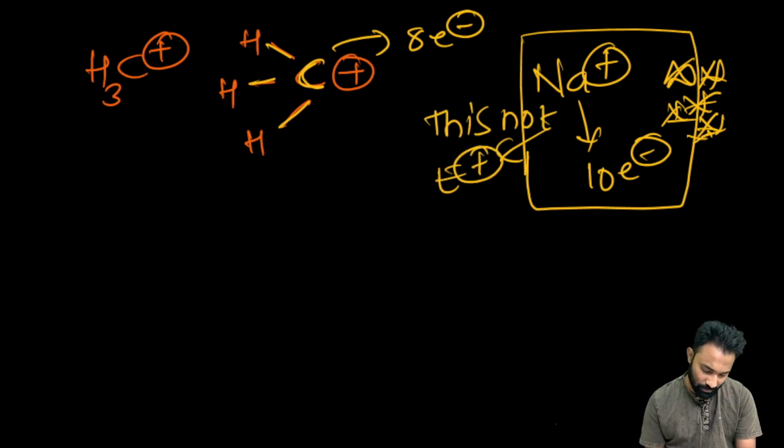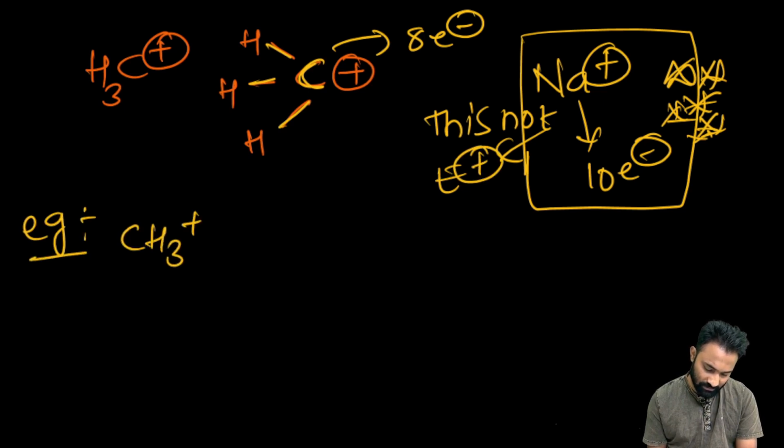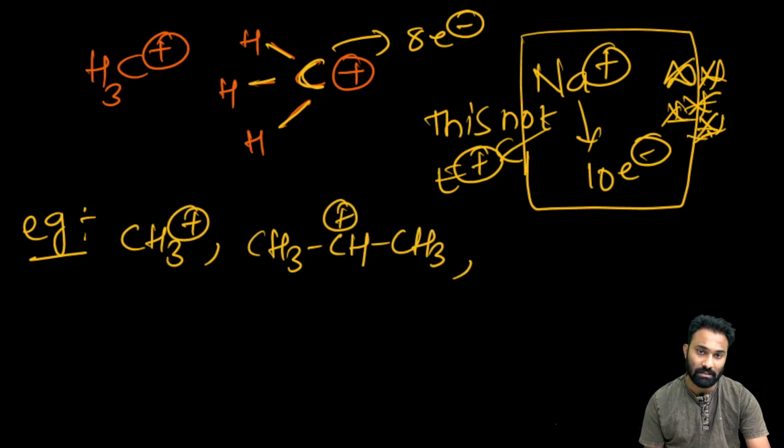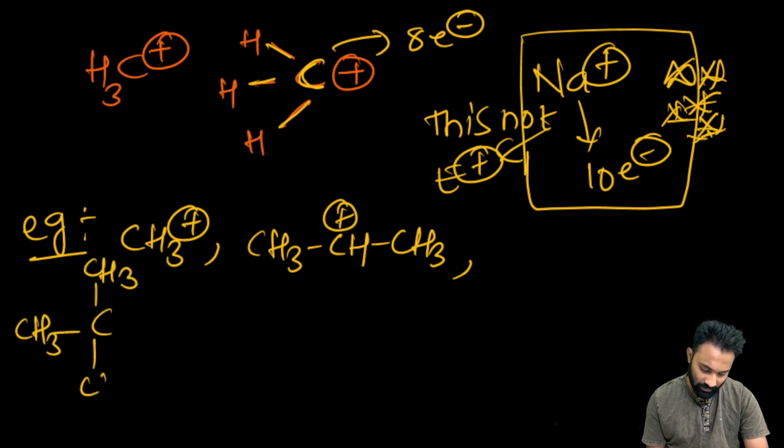Now what are the examples of positive electrophiles? First is CH3 plus. Next is the secondary carbocation, and the next one is the tertiary carbocation.